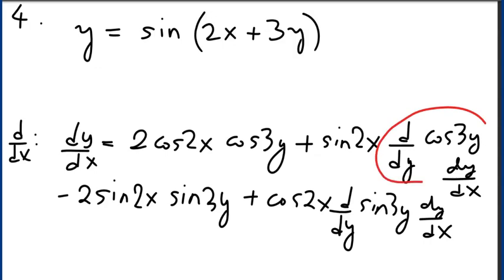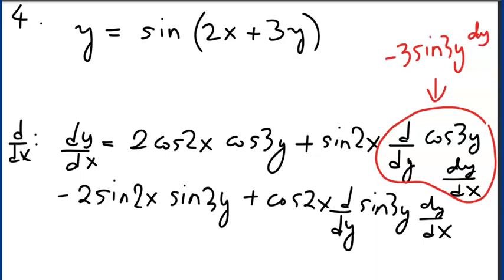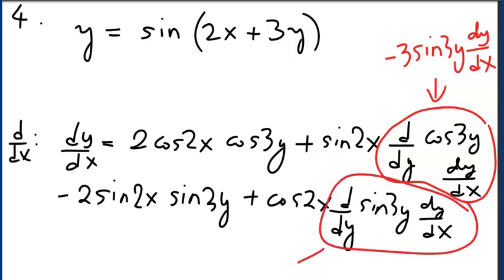So this term here will simply become minus 3 sine 3y dy/dx, and this term here will simply become 3 cosine 3y dy/dx.